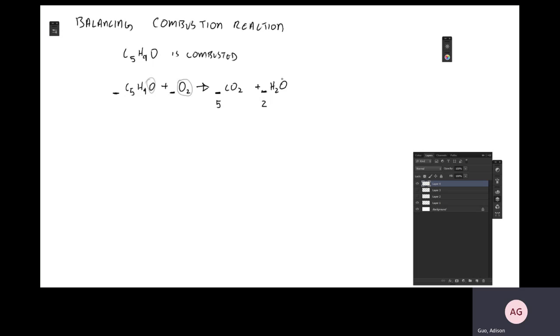On the right side, we have basically 2 oxygens from here and 10 oxygens from here, because we have 2 oxygens in each compound, and we have 5 of them. So this means we have a total of 12 oxygens on this side.